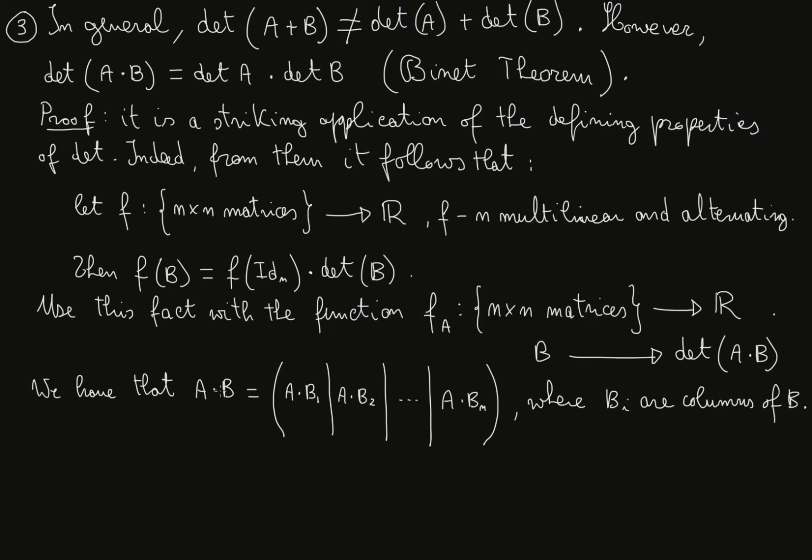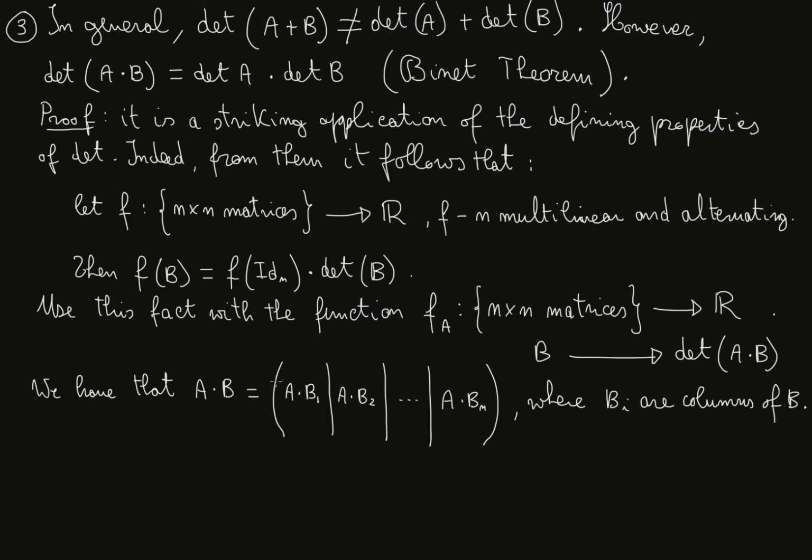Now we have the following fact: A times B can be written in terms of column vectors, and the multiplication expresses well in terms of these column vectors.